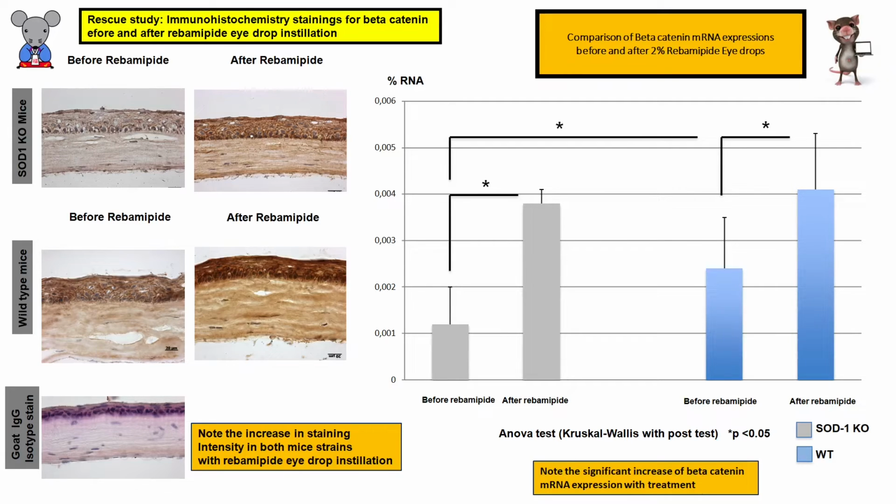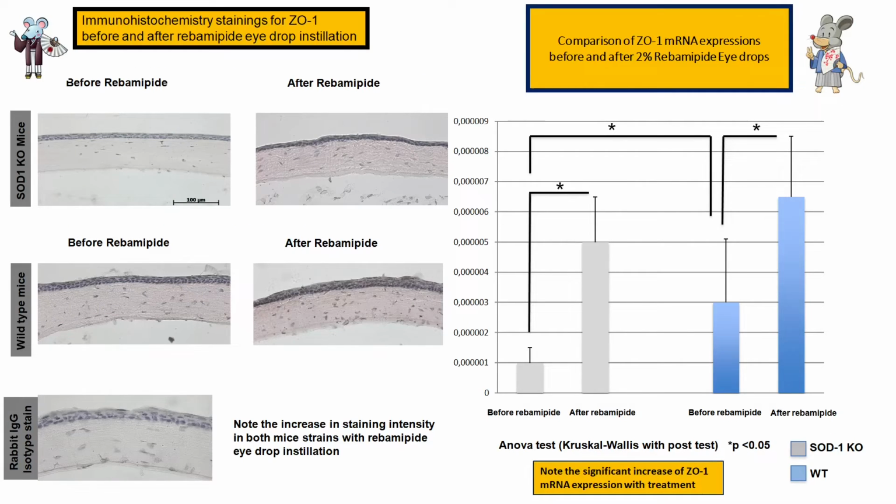Likewise, improvement of beta-catenin messenger RNA expressions in conjunctival epithelium with treatment was observed, and this was also evidenced by the immunohistochemistry stainings. There was a concomitant improvement of ZO1 messenger RNA expressions, which also was evidenced by the denser stainings after treatment in immunohistochemistry.